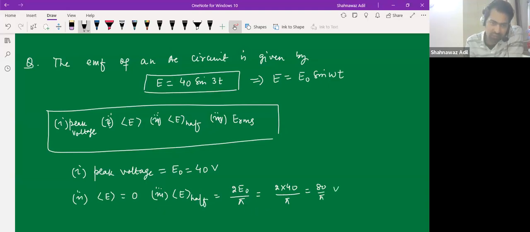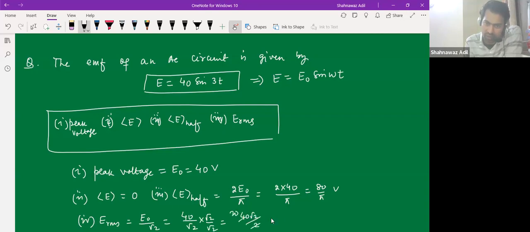And then the fourth one, ERMS, that would be how much? E naught by root 2, which is 40 by root 2. So 40 root 2 divided by 2. So this is 20 root 2. So these are the values, right?